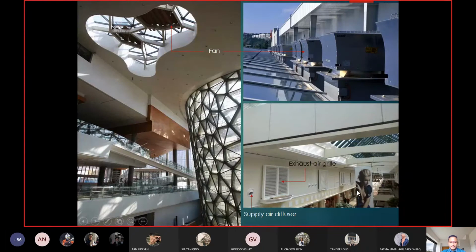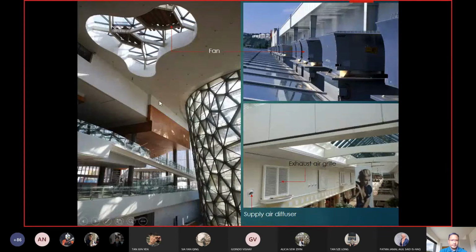Other than Taylor's, if you go to shopping malls, it depends. I don't think this is in Malaysia, on the left. This is quite unique. I would say this is quite a clever way of integrating the exhaust fan in a building. So it is incorporated in the design.